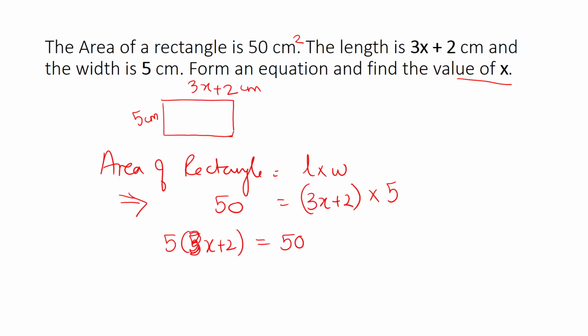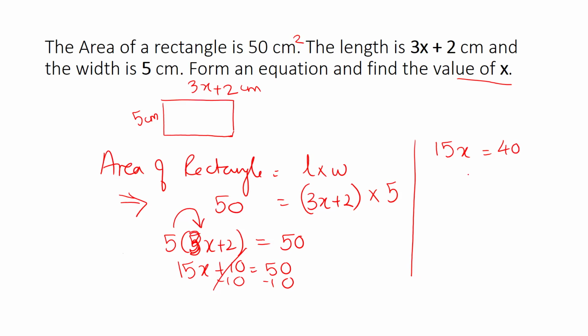And we need to open the bracket. So we're going to multiply by 5. 15x plus 10 equals 50. And then we'll take away 10 from both sides. 15x equals 40, and then we divide by 15 on both sides.